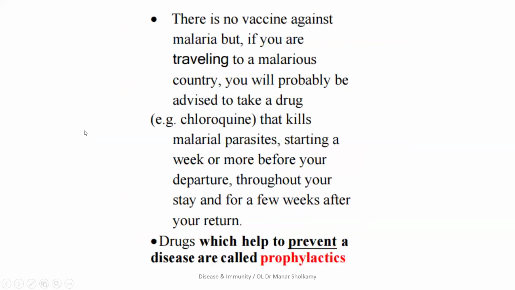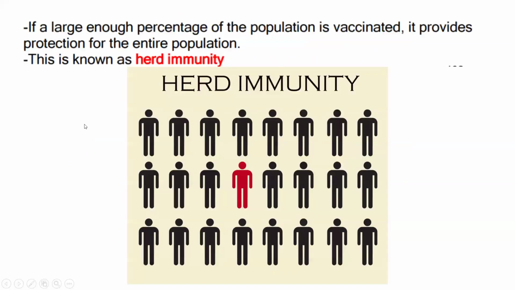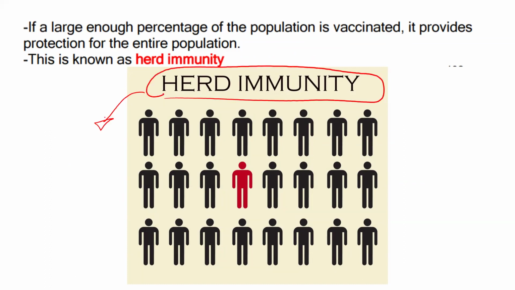Now there's a term that I want you to know, which is called herd immunity. Herd immunity is when you give a vaccine to most of the population, like 99.9% of the population, to eradicate a particular disease. You need to know this definition.